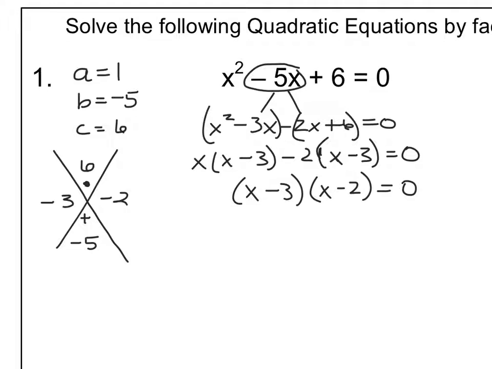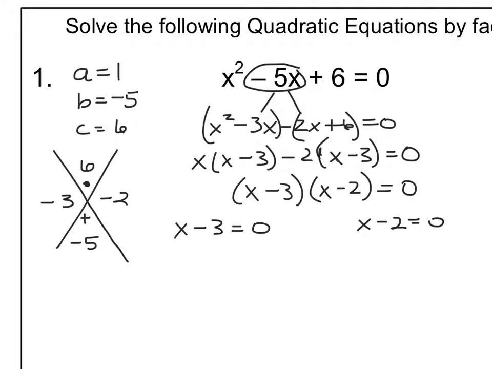Up until this point, it's all been the same. Nothing's changed in how we factored. This is where things are going to be a little bit different. I have to take each one of these sets of parentheses and set them equal to 0. So x minus 3 is equal to 0, and x minus 2 is equal to 0. Now I solve.